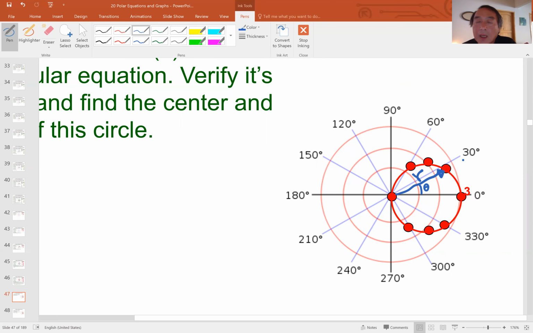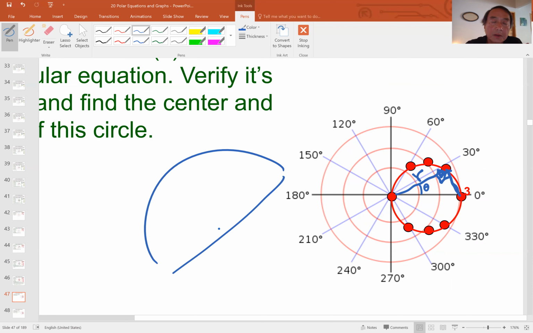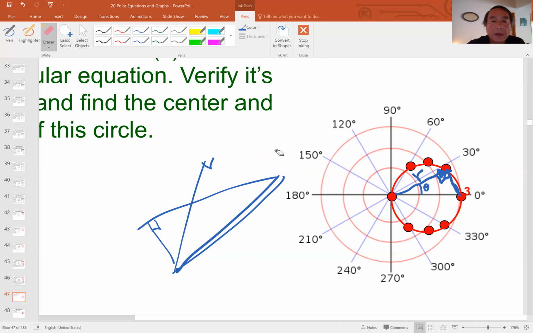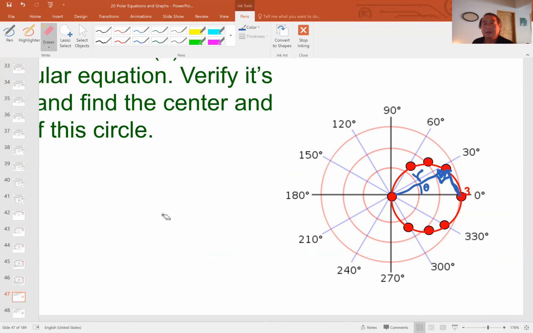I make a connection from here to there, and from geometry, this is a right triangle. Within a semicircle, from here to here, this angle is always a right angle, because it faces the diameter. It's true from geometry.